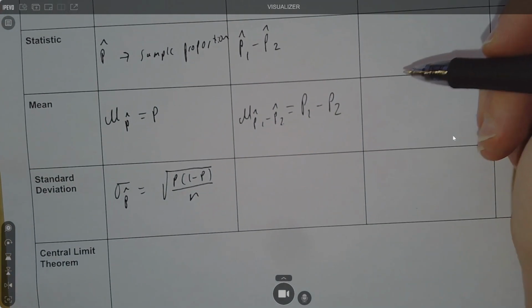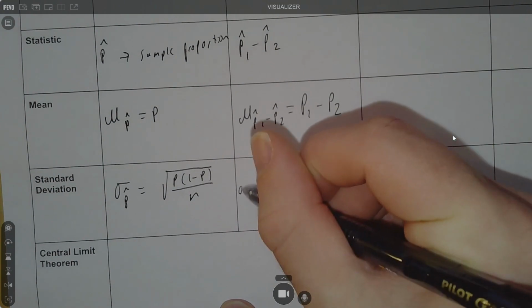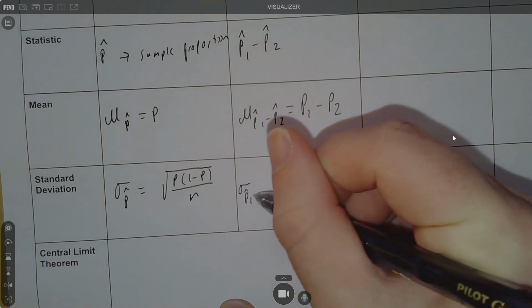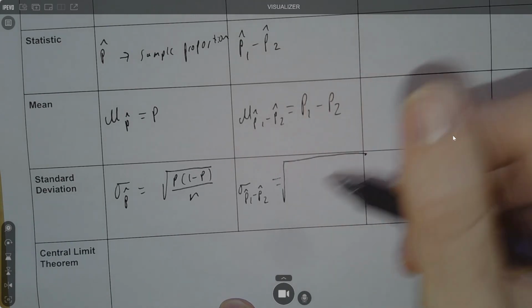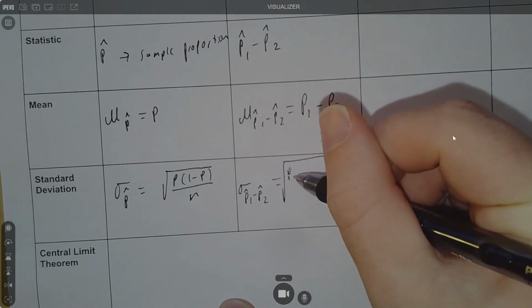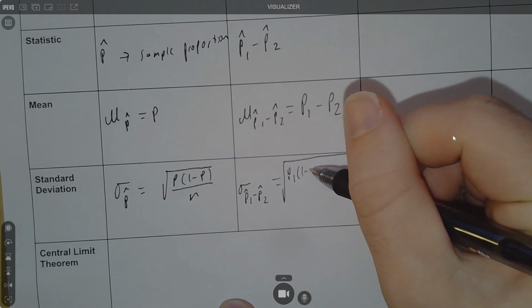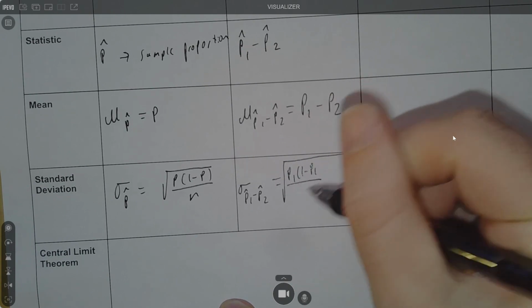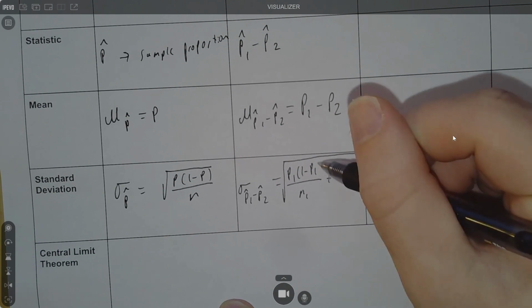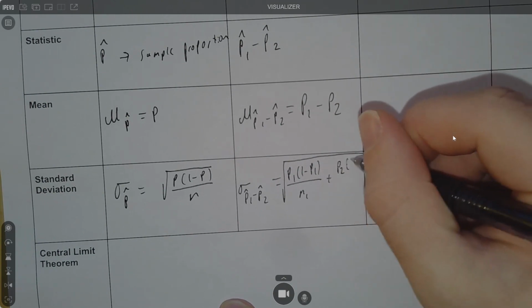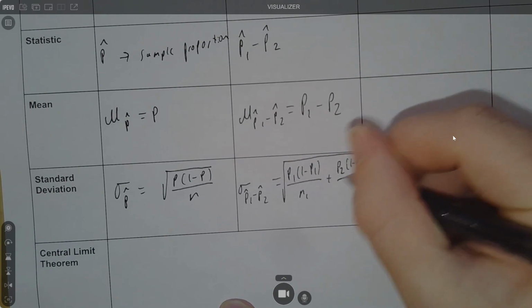And then the standard deviation, sigma p hat 1 minus p hat 2, is equal to the square root of p1 times 1 minus p1 over n1 plus p2 times 1 minus p2 over n2.